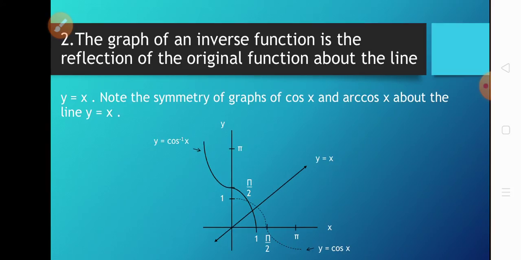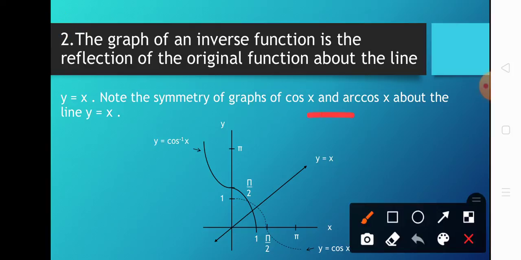Second, the graph of an inverse function is the reflection of the original function about the line y equals x. Note the symmetry of the graphs of cos x and arccos x about the line y equals x. So this is the line in the second example.